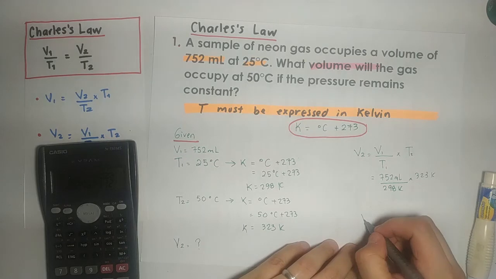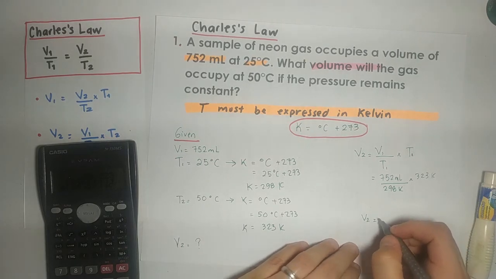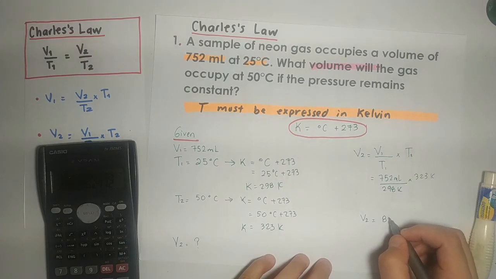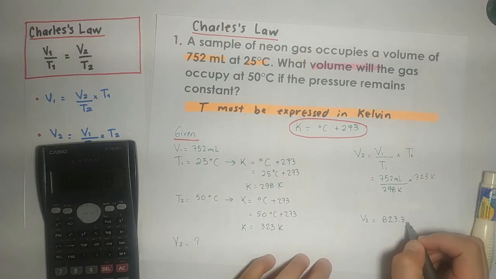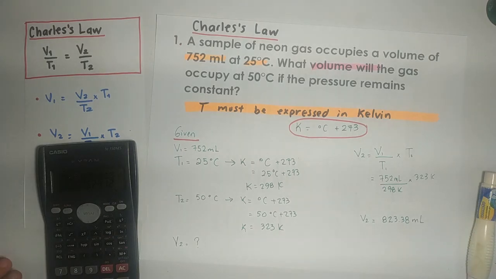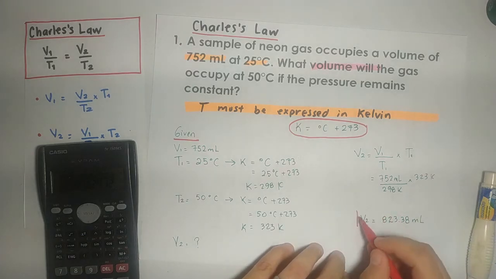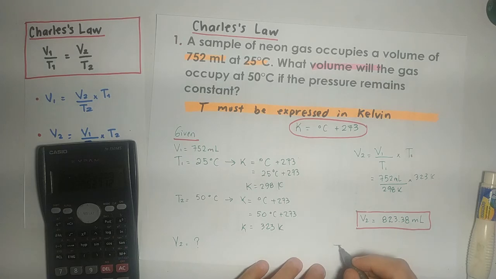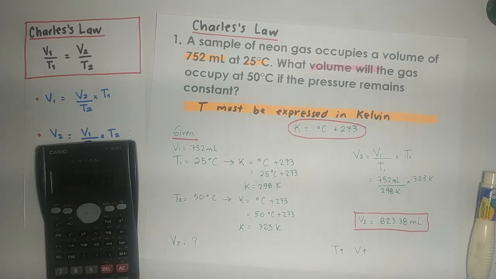It's that I missed a key in that calculator. I did it now already: 823.38 milliliters. What means that an increase in temperature makes an increase in volume. So if the temperature rises, the volume rises. In conclusion, that's what you can write about it.